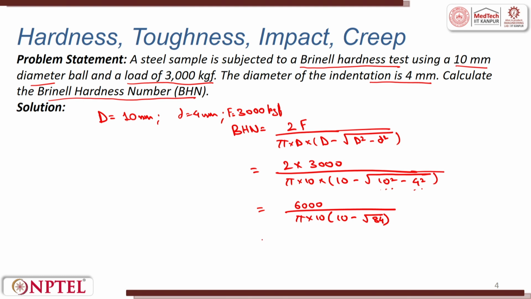If you find the value, this becomes 6000 by pi into 10 into 0.83, where the Brinell hardness number is 230 BHN. The exact BHN, if you calculate, is actually 228.76.